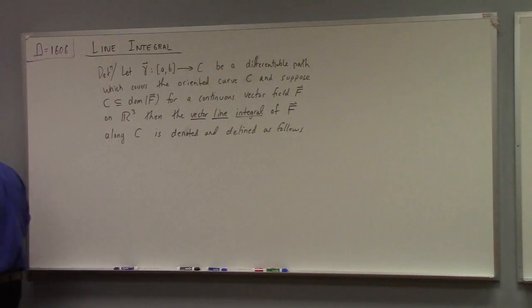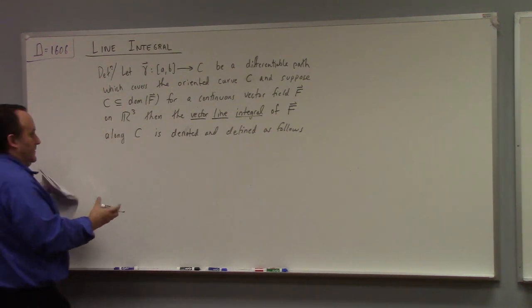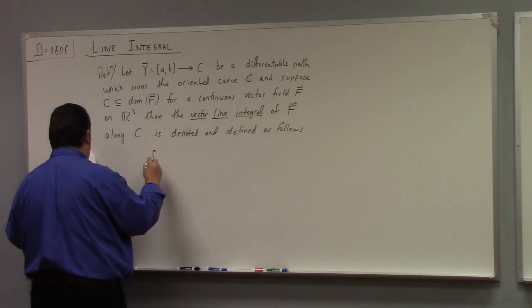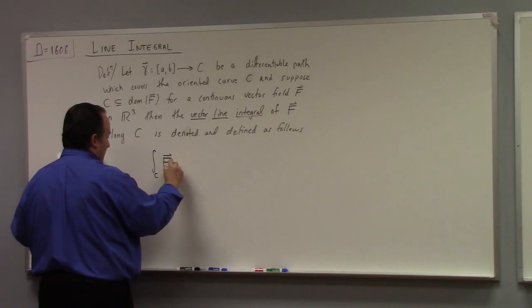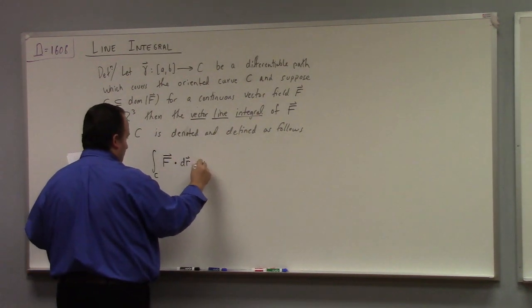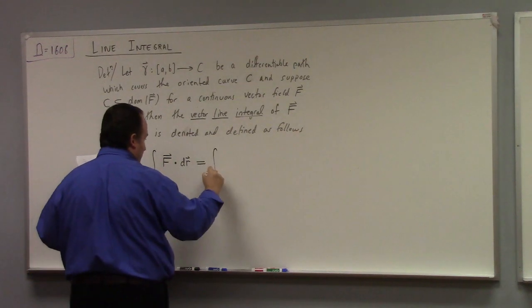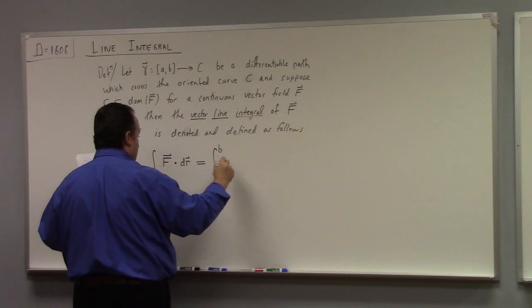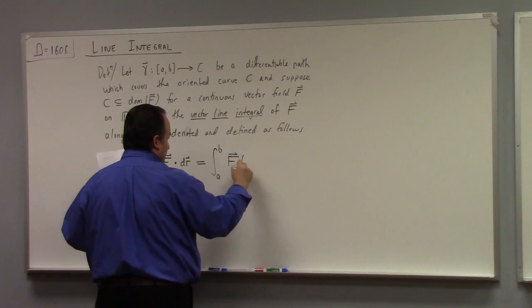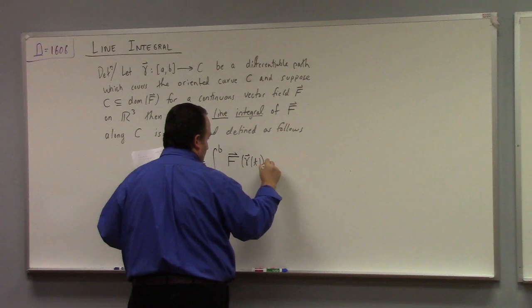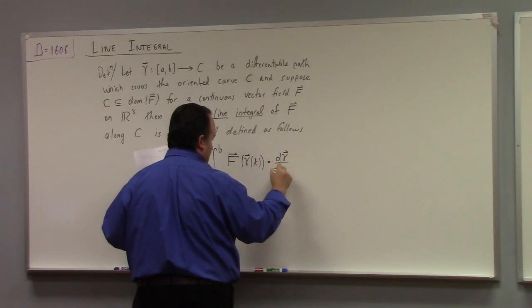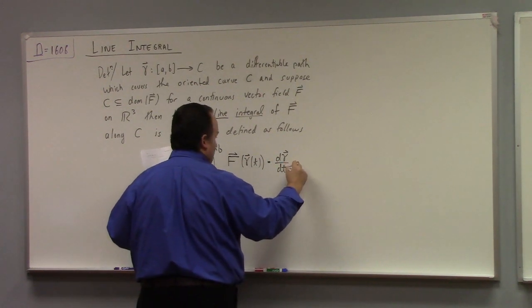And here it is. Let me get a better marker. The integral along C of F dot dr is equal to the integral from A to B of F of gamma of t dotted with gamma prime of t dt.